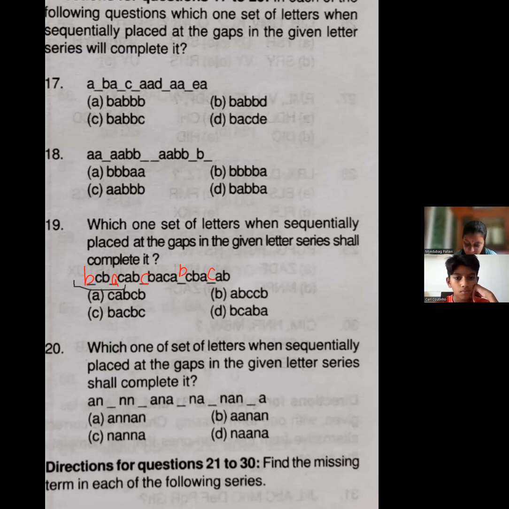Just look at the first five alphabets. These are the first five. If we see in group of five. How many total are there? 1, 2, 3, 4, 5, 6, 7, 8, 9, 10. Then B, C, B, A, C. Then 1A. Then again it's B, C, B, A, C.